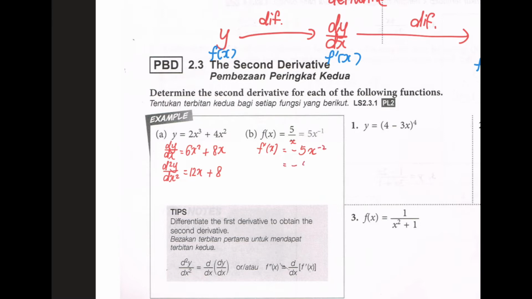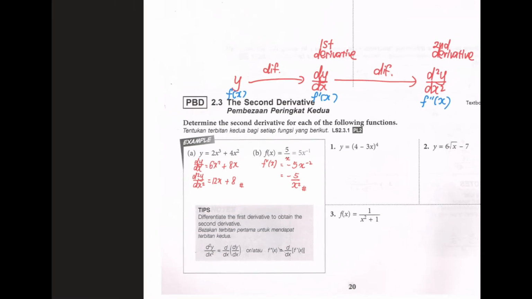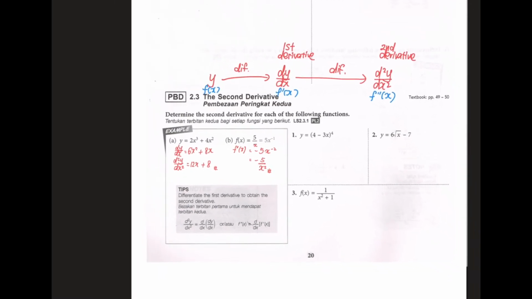Then we have minus 5 over x squared. So like that. Sometimes we need to use chain rule and do it for 2 times. Okay, so this is the example. And so on. Okay, now let's look at the next page.